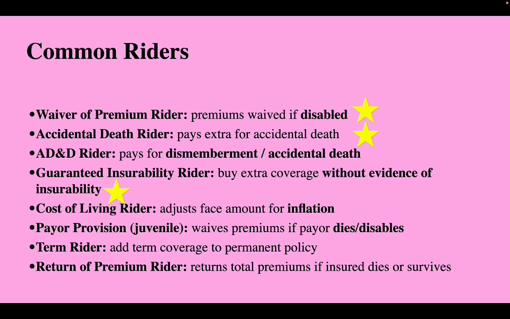Cost of living riders adjust the face amount for inflation. For juvenile policies, a payer provision waives premiums if the payer dies or becomes disabled. Term riders can add temporary coverage to permanent policies, and return of premium riders refund premiums if the insured dies or survives the policy term.